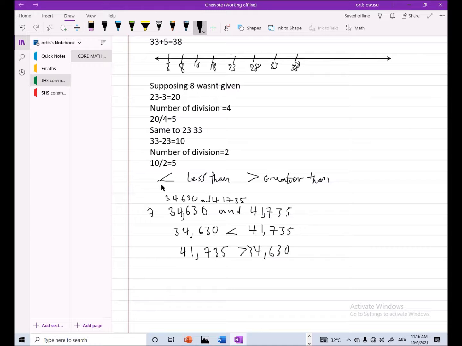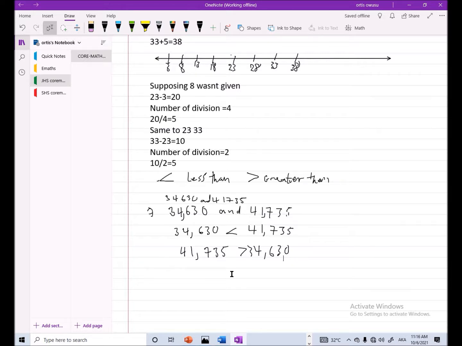Then you bring your comma, and then you see whether it's greater than or less than. If the figure is the less, bring this less than. If you bring greater than, it means that this one is bigger than this, which is wrong. So if you want to bring the greater than, you can bring this one here first. There's no time to waste on this, but as in our past lessons, we might be meeting all these things. It's very easy.